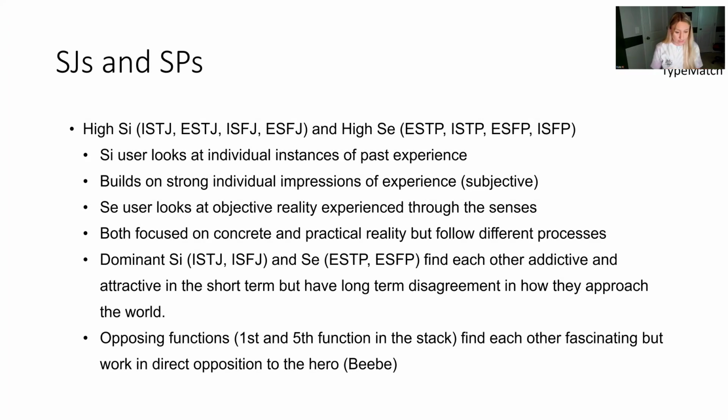They're quite addictive to each other in the short term, but long term, they have disagreements in how they perceive and approach the world. This is because the first function and the fifth function, called your opposing function, is where they are for each other. So they find each other fascinating, but they do work in direct opposition to the hero, what they're ultimately trying to do. And for this, I'm citing John Beebe.